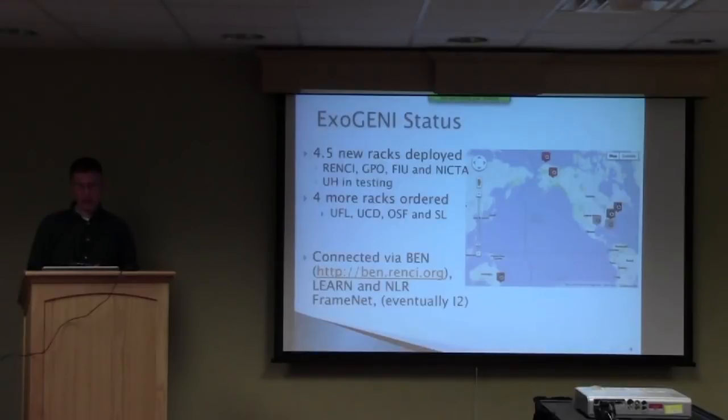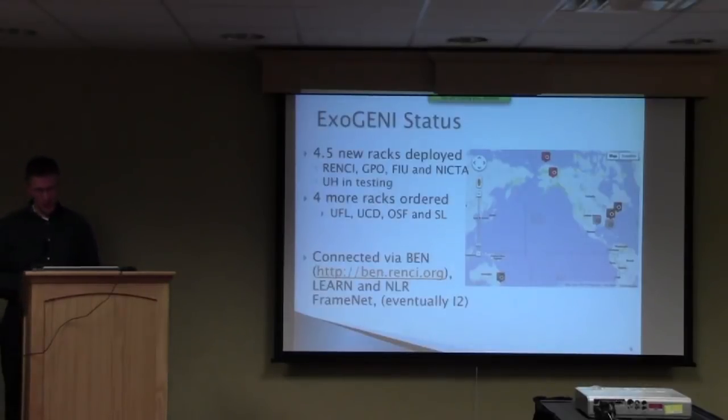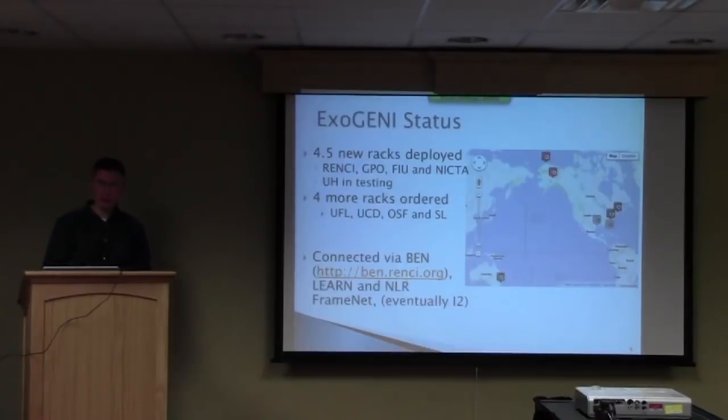We have 4 racks right now that we've gone ahead and ordered, and that's at least a 2-month process we've figured out from IBM right now. So we're hoping that maybe sometime in the June timeframe we'll have those other 4 up and running. What's different about the 4 that we're doing now versus the ones we've done up until this point is that we have a staging location, I believe it's in Rochester, Minnesota, known as the Yellow Zone.